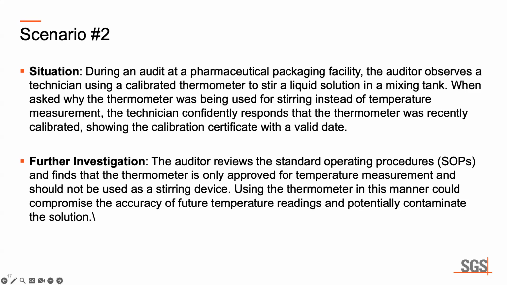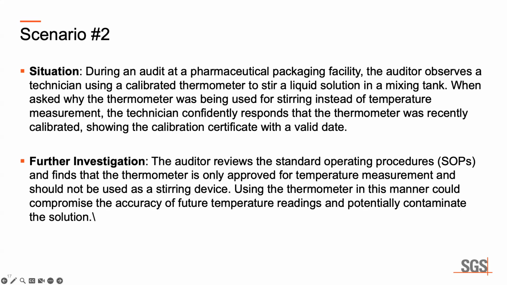During an audit at a pharmaceutical packaging facility, the auditor observes a technician using a calibrated thermometer to stir a liquid solution in a mixing tank. When asked why the thermometer was being used for stirring instead of temperature measurement, the technician confidently responds that the thermometer was recently calibrated, showing the calibration certificate with a valid date.